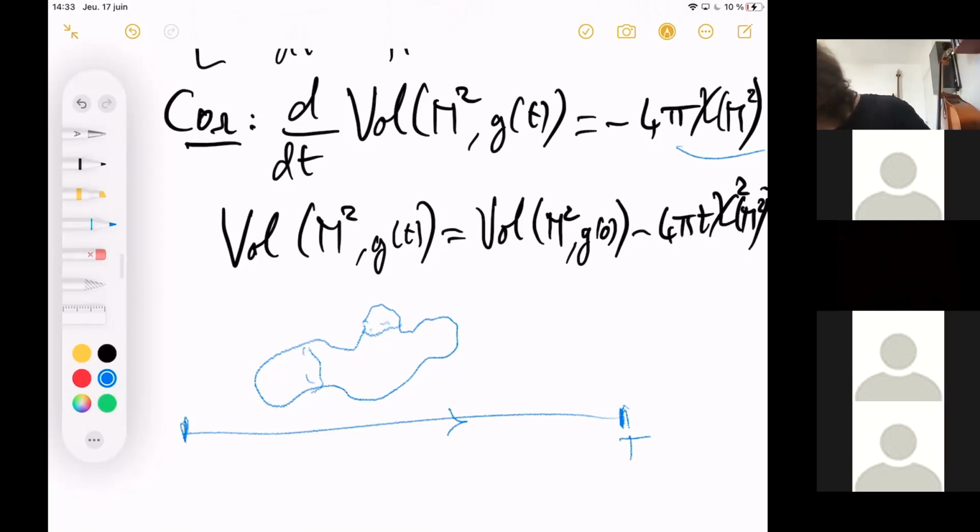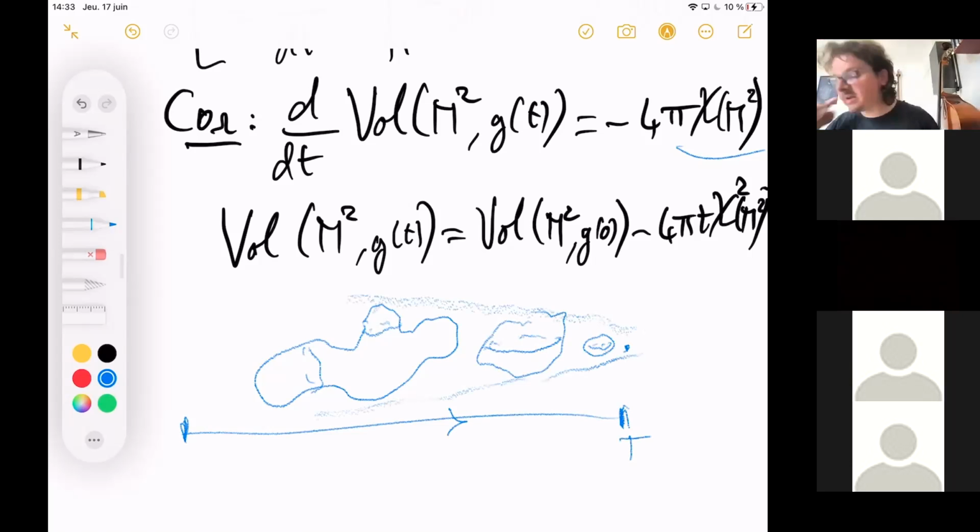What will happen in that case is that it will shrink to a point, but it will get rounder and rounder. We will see when we talk more about the Ricci flow in dimension 3 what's going on.